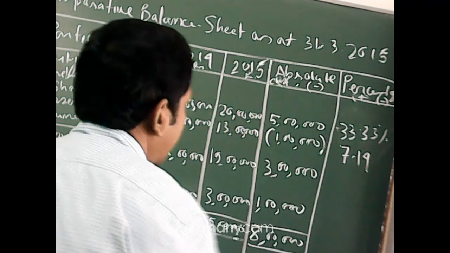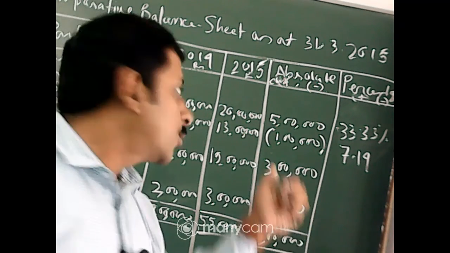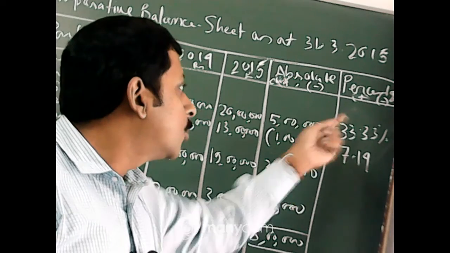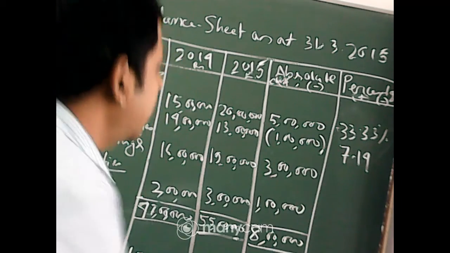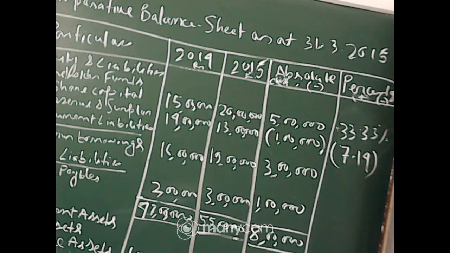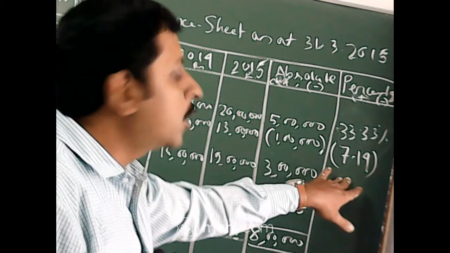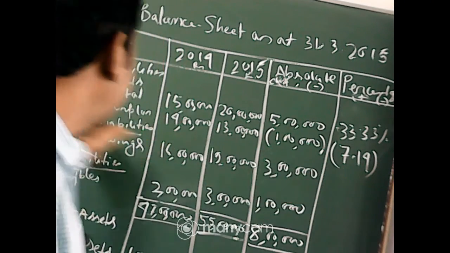And as this absolute change value is minus, the percentage also comes under minus. So this figure you have to write in your bracket, okay, because there is a decrease. There is a fall of 7.14% in reserve and surplus.